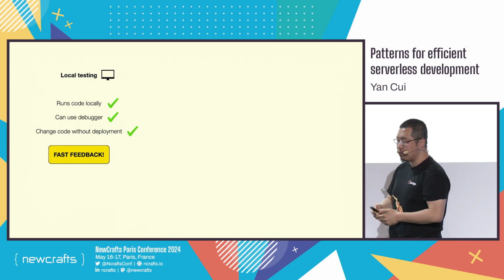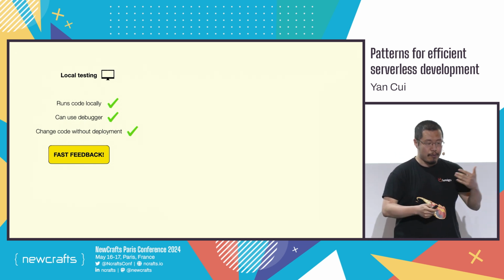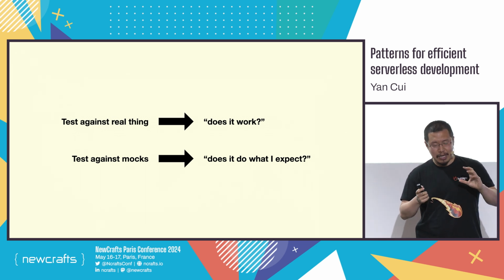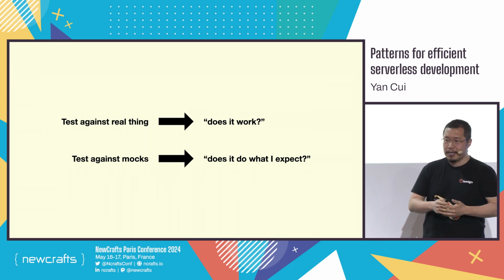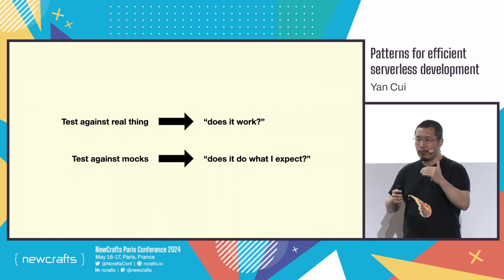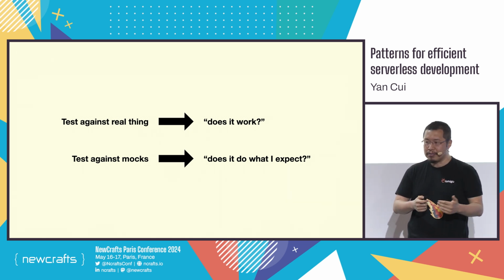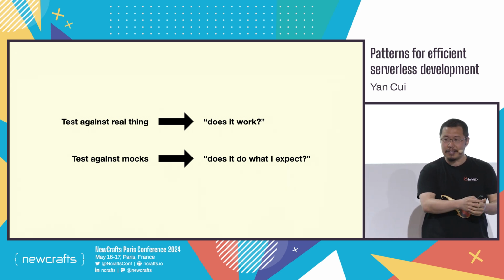You can step through things when there's a more complex problem you need to debug. And so it gives you a really fast feedback loop. The problem is that you tend to have to run this local test or unit test against mocks, which asks, okay, does my code work if my assumption about, say, DynamoDB's response is correct? Whereas if you test against a real thing, it's a real thing.